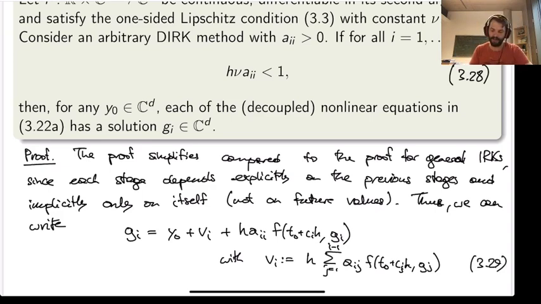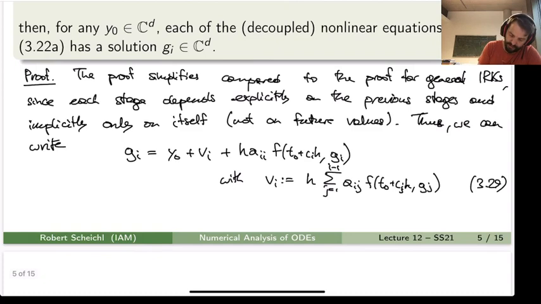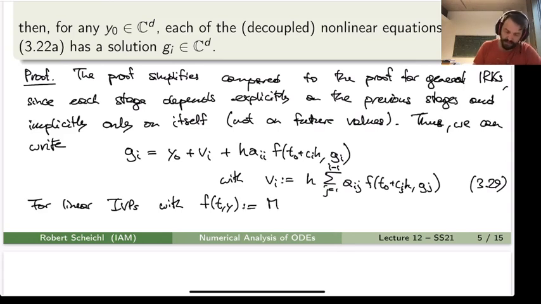So let's start with linear initial value problems. For linear initial value problems with the right hand side being given by, let's say, linear autonomous, I should say. But remember, we can always autonomize for Runge-Kutta methods.